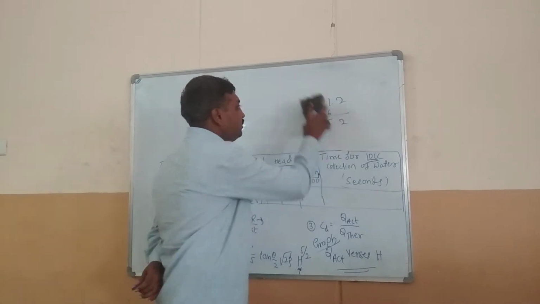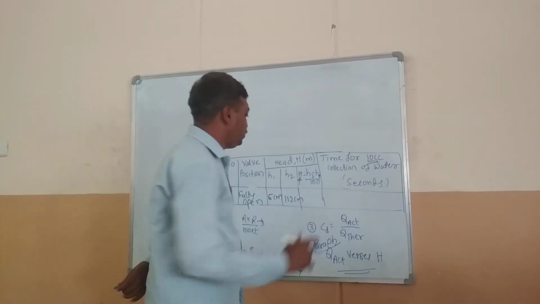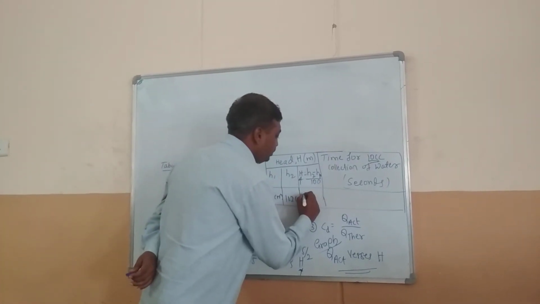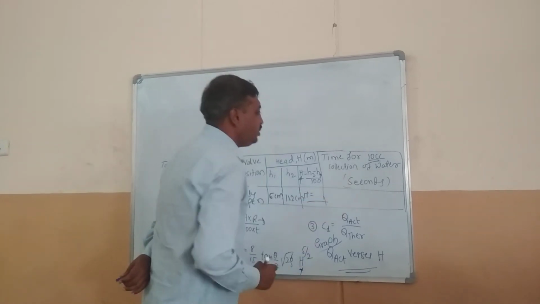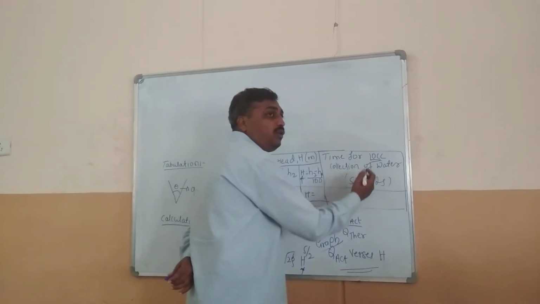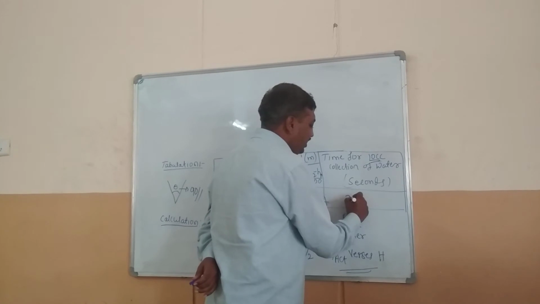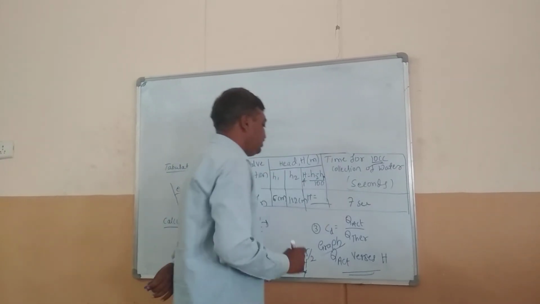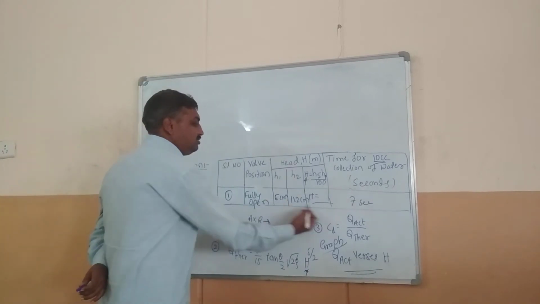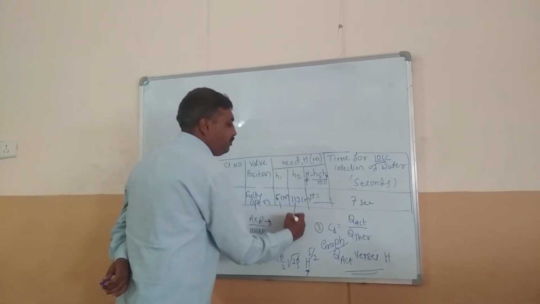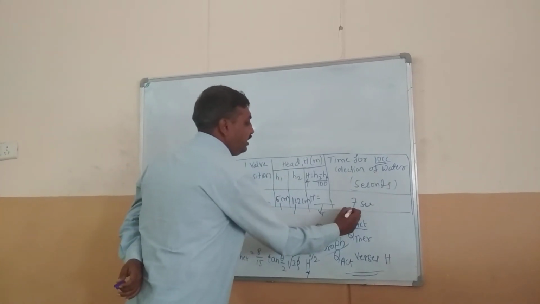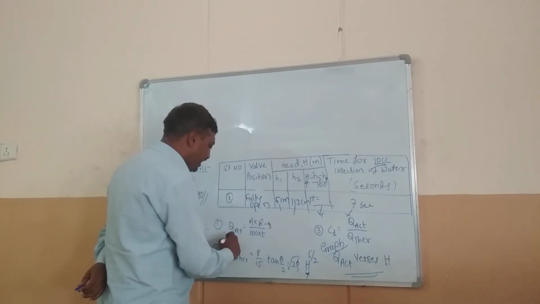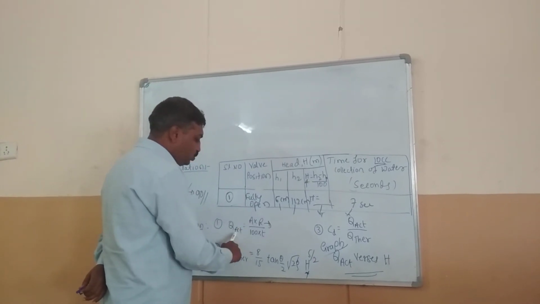So H is the value in terms of meters. The time of collection of water for the first one is, approximately, 7 seconds. Once you have these readings, 6 centimeters, 11.2 centimeters, H, and 7 seconds, we can find out the actual discharge.